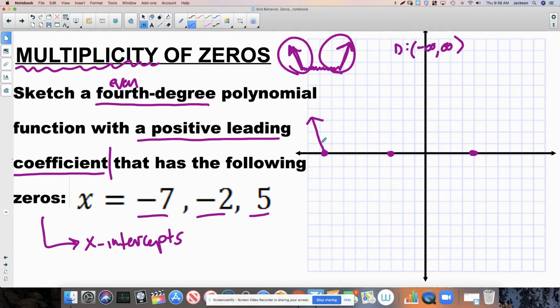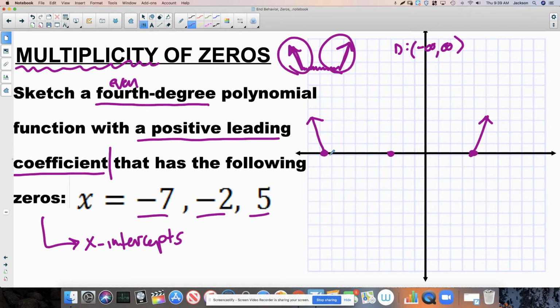If this graph turns back over, it's going to cross the x-axis again, but these are the only 3 zeros of this graph. So from its leftmost intercept, it has to go up. And because of its end behavior rising to the right, from its rightmost intercept, it has to go up. And like I said from the beginning, anything can happen in here.